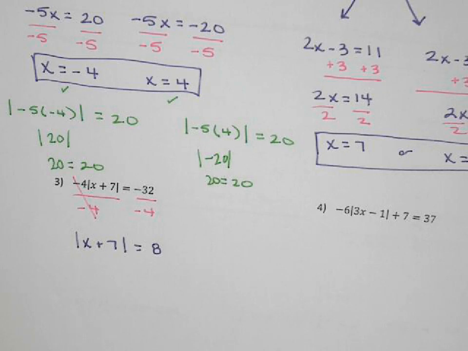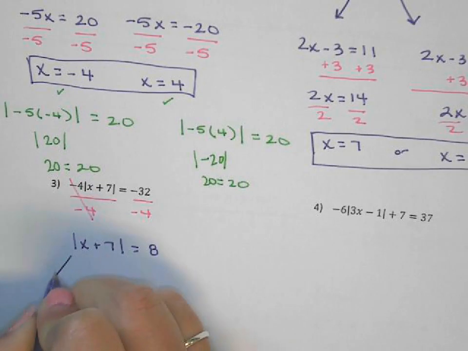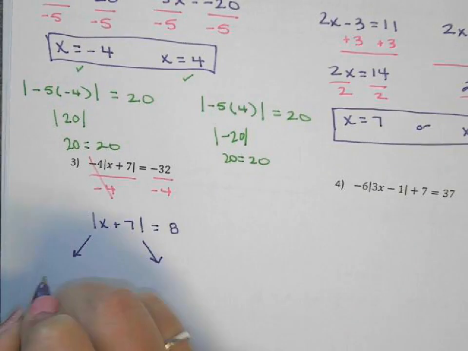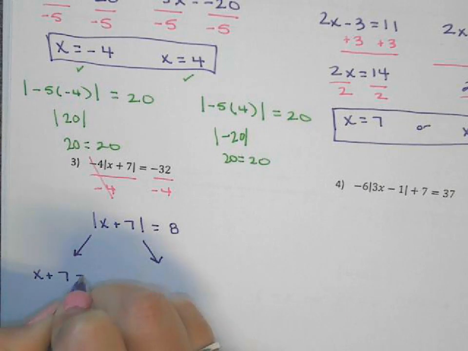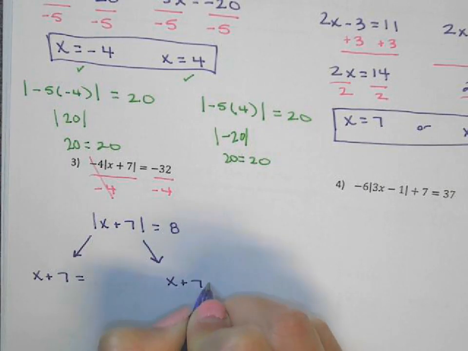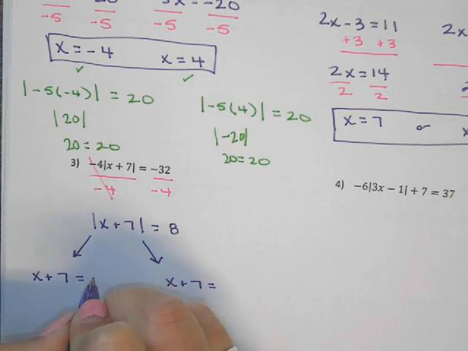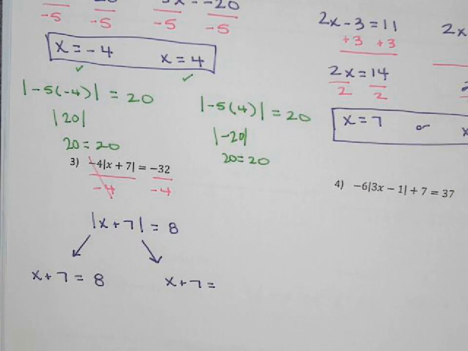Okay. Now are the absolute value bars alone? Yeah, there's nothing else going on the outside of them. So that's where I break it into my two scenarios. On the left side, it took a lot of work to break those down. So I'm still going to have x plus 7 because I was too tired to do anything else. On the right side, though, I have one that is the original. What's my other one going to be?